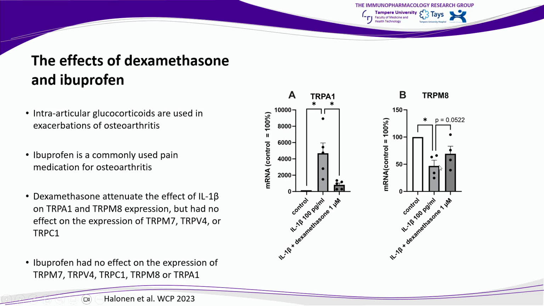But dexamethasone had no effect on the expression of TRPM7, TRPV4, or TRPC1. We also tested ibuprofen, but it had no effect on the expression of these aforementioned channels.